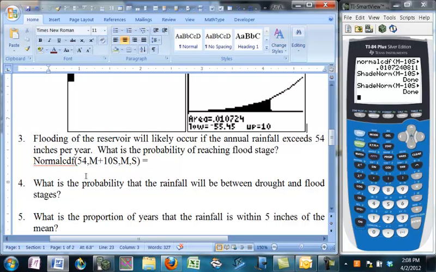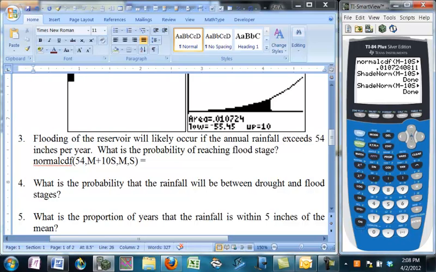This time we're talking about flooding. Flooding of a reservoir will likely happen if the annual rainfall is really big. In this case we say 54 inches per year is the threshold there. So we go from 54 up to infinity. And so let me put my window back where I had it before.